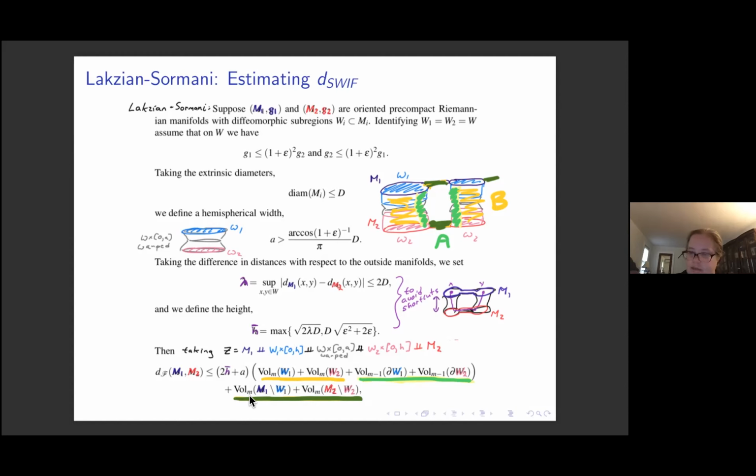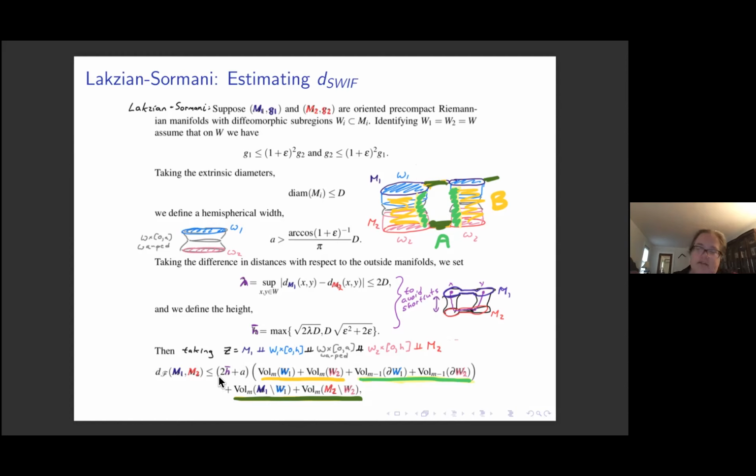And then for the rest of A, we have this dark green part, which is these extra parts that are the paths or tunnels in M1, the tunnels in M2, and these extra wells that might happen in M1, all of those parts, which are the M1 take away W1 parts and M2 take away W2 parts. These two volumes get added. They are not multiplied by the height because they're just on this level, right?